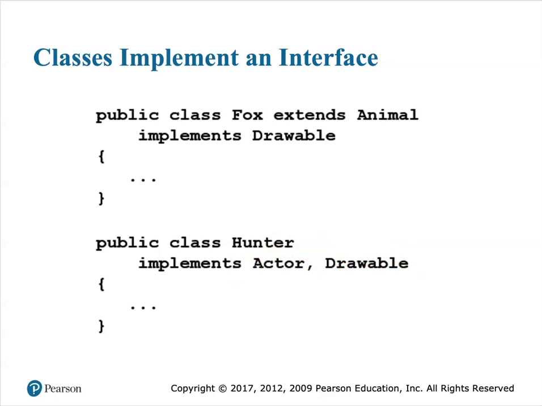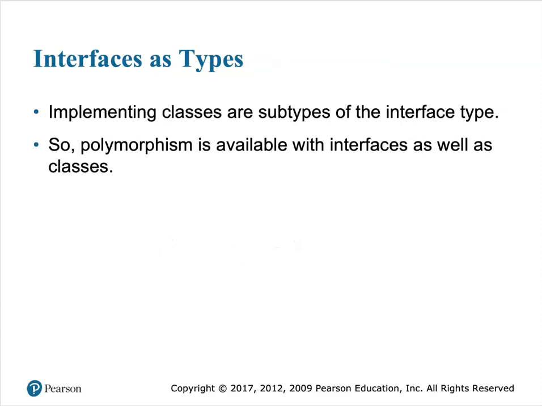Okay, that's cool, I guess. It's actually really, really useful. One of the things where this becomes exceptionally useful is that just like classes, interfaces define a type. So you can have a variable of type actor. You can have a variable of type drawable.